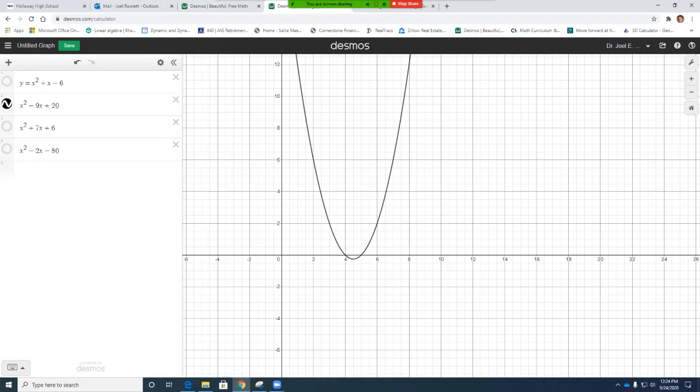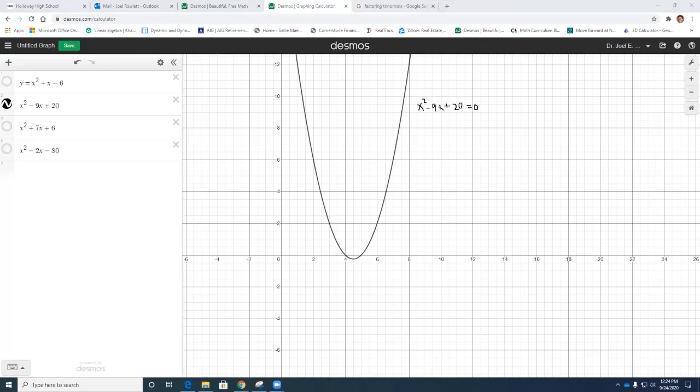We're going to take x squared minus 9x plus 20. And we want to know, what are the zeros? When is this function equal to 0? That's the question here.